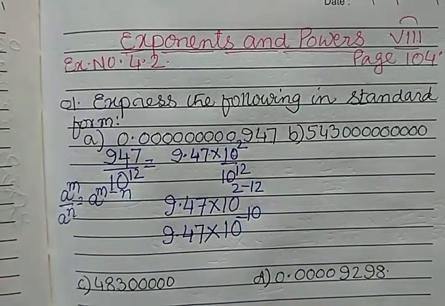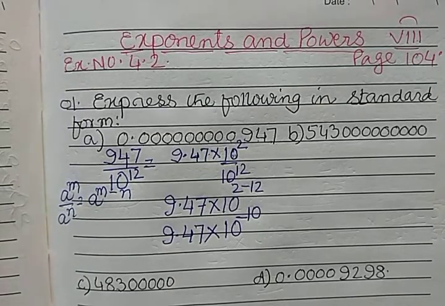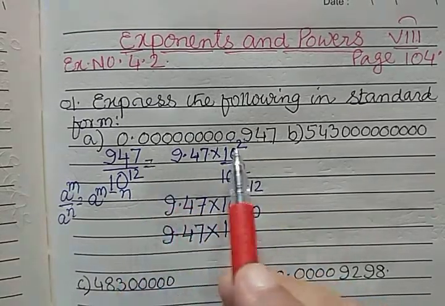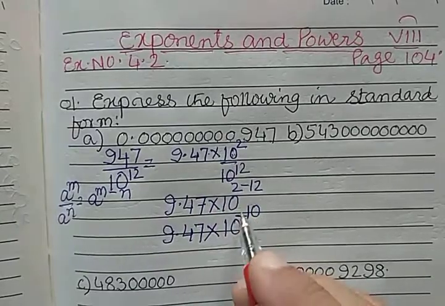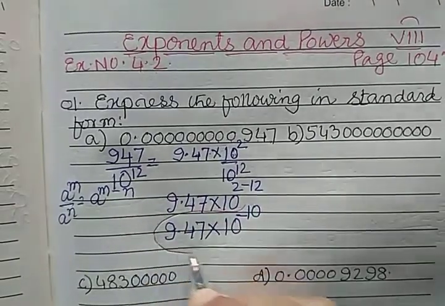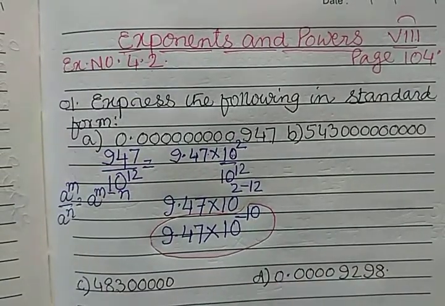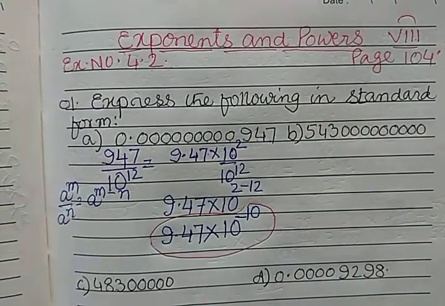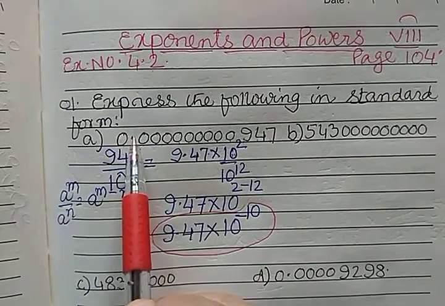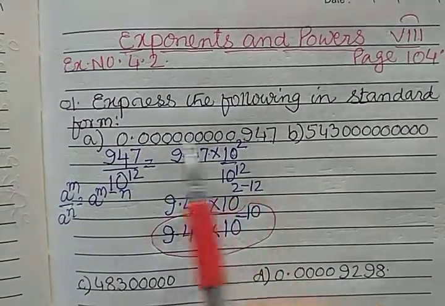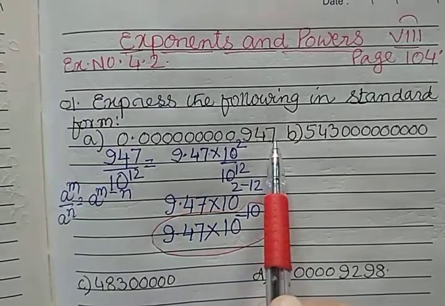So 0.000000947 is equal to 9.47 into 10 to the power of minus 10. Once again I am explaining. Count these decimal places. How many are there? 12.